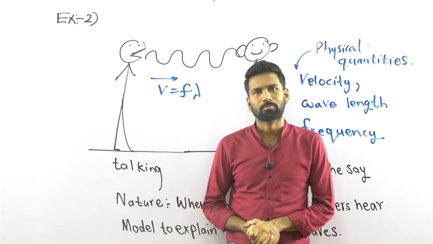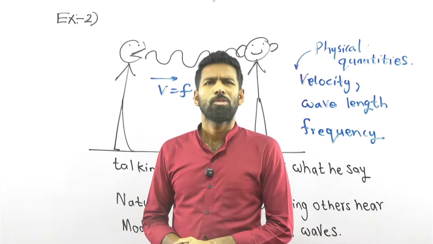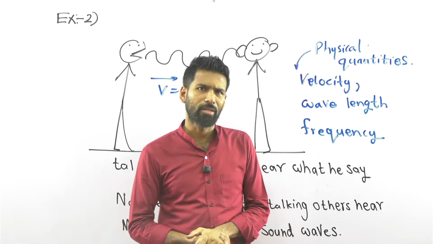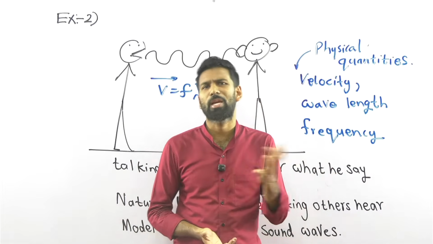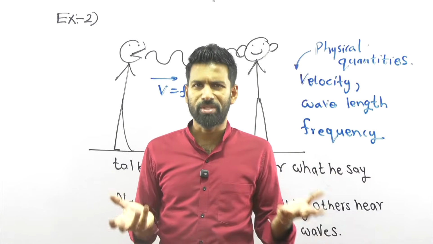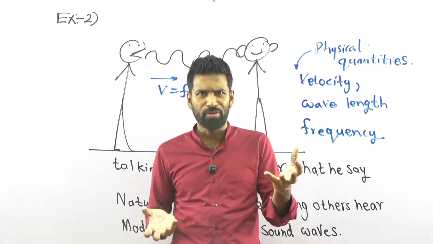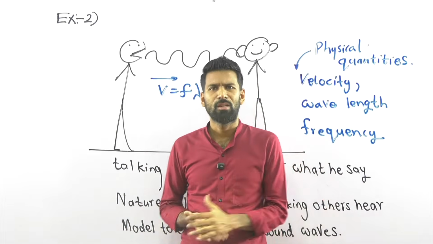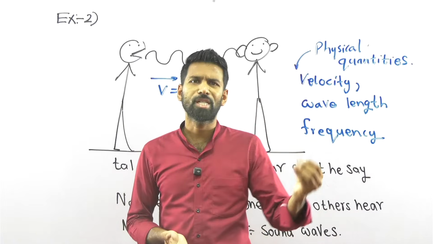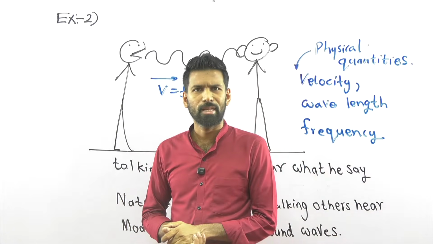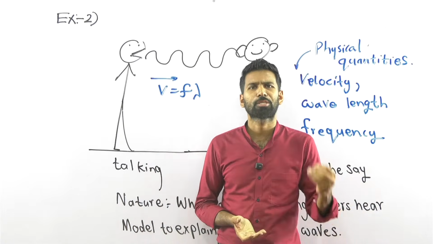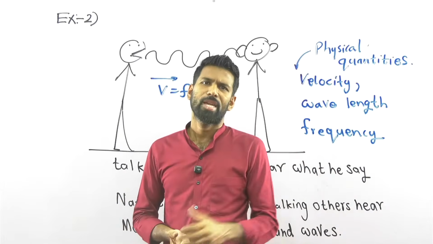Now, what is the nature of a physical quantity? A force with 5 newtons value. If we say a force, 5 newtons, velocity, 2 meters per second, acceleration, 3 meters per square second, mass, 8 kilograms.